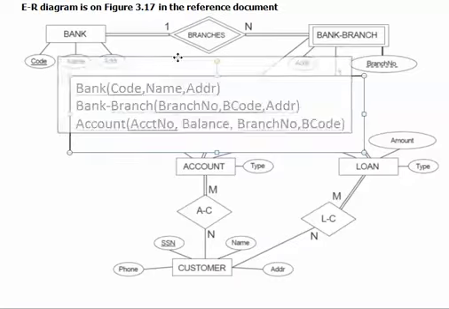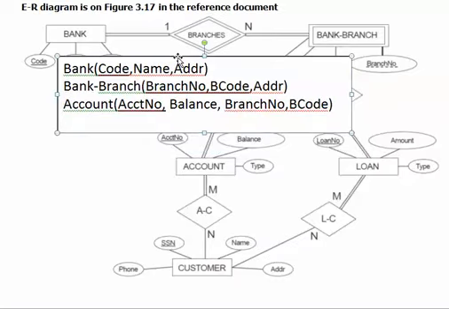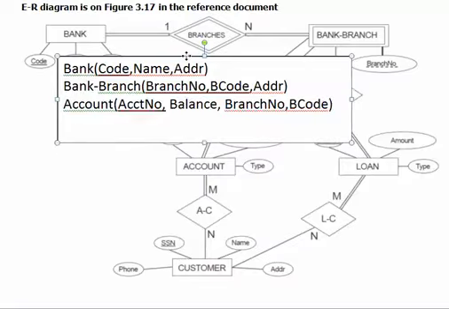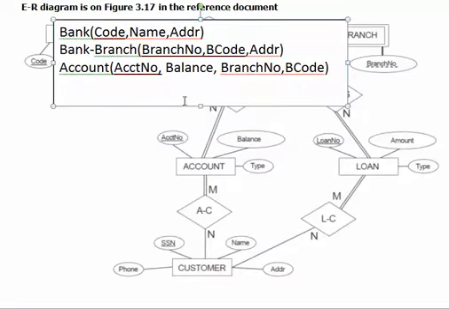And it's actually very similar to what we have with loan. So let's do loan too. For loan, we have a loan number, we have an amount, we have type.